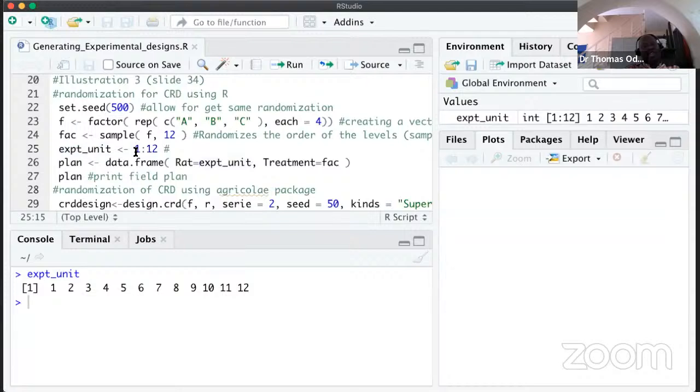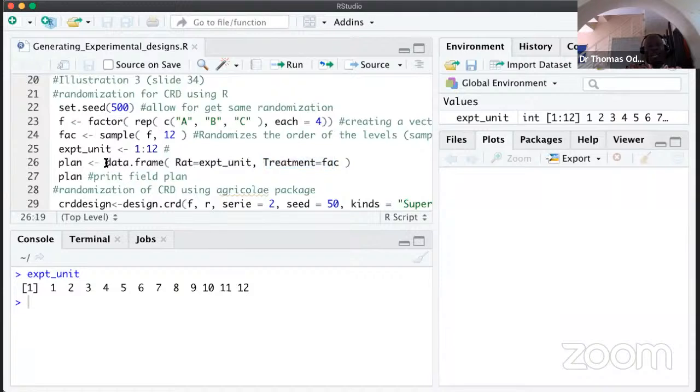So what am I trying to do in this case? I want to have some kind of a field plan or an experimental plan. In the first column, I want to have my experimental units 1, 2, 3, 4 up to 12. And then in the second column, I will have my assignment, which we saw before.